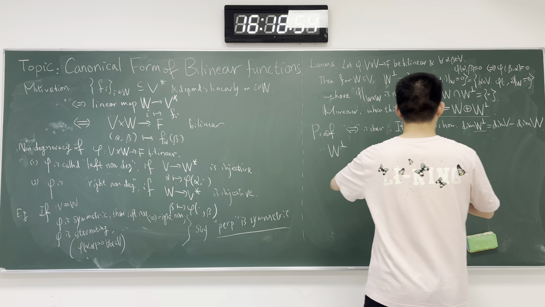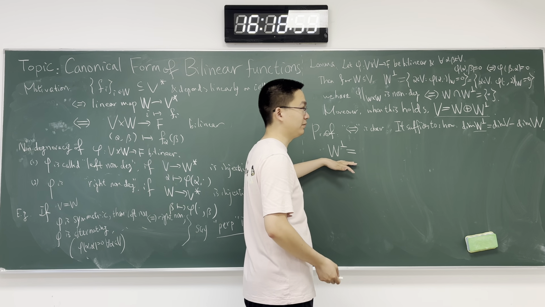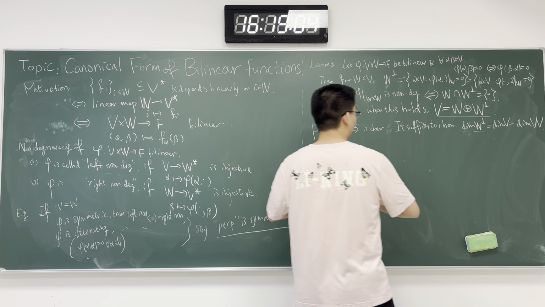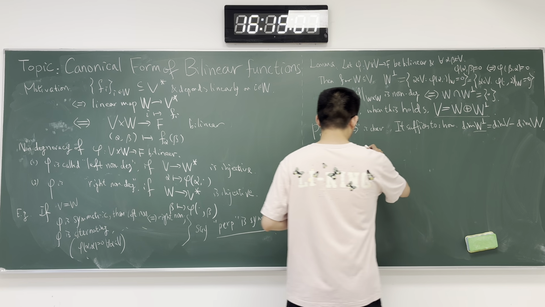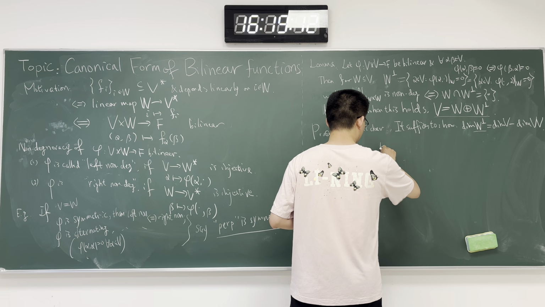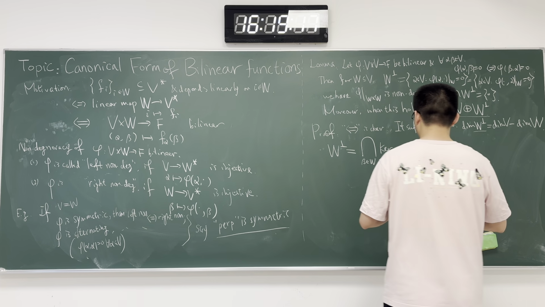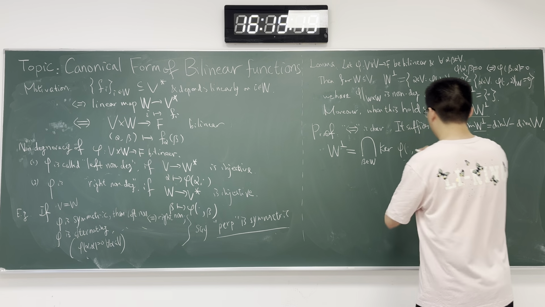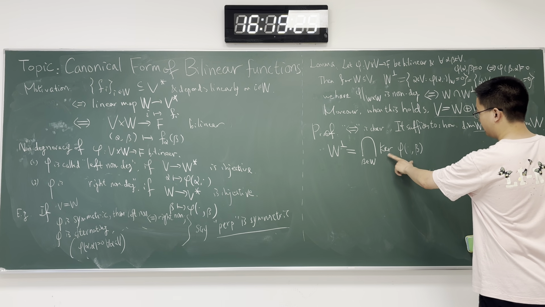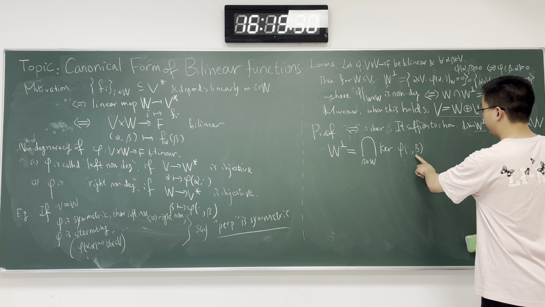W perp is just the common kernel subspace of these linear functions on W. Which means that, for example, if we take any beta from W and consider the linear functional determined by phi(·, beta), then if alpha lies in the kernel of such a linear functional, it just means that alpha is perpendicular to beta.